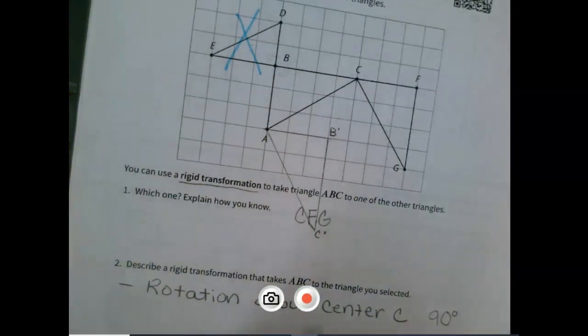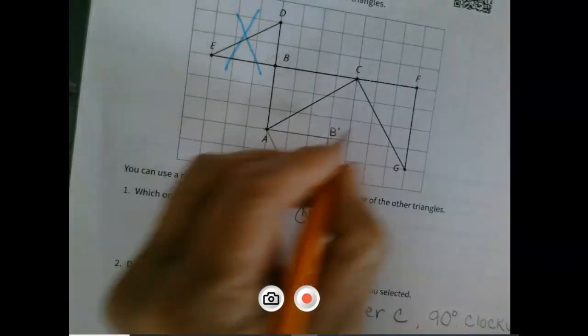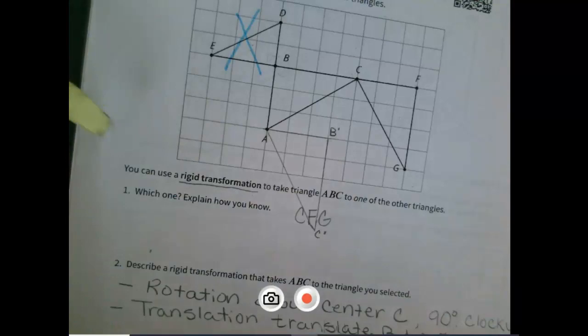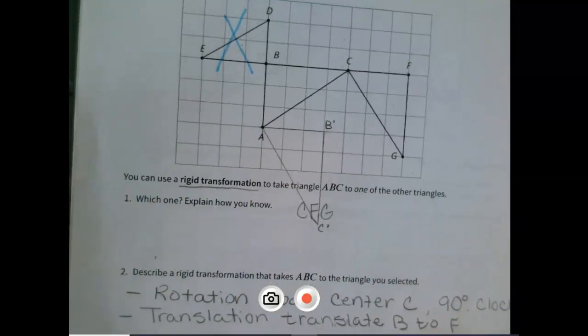And it was a clockwise direction, okay? 90 degrees clockwise, and a translation. Remember what you have to know for translations? You have to know the distance and the direction, right? So we can just say we translate B to F. All right, so I think that's the end of this activity.